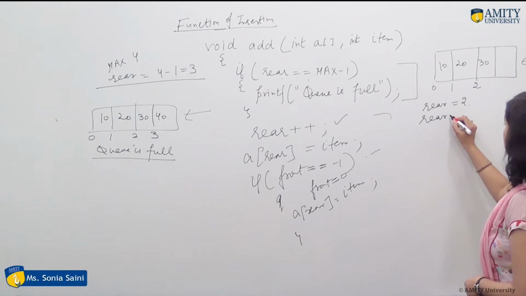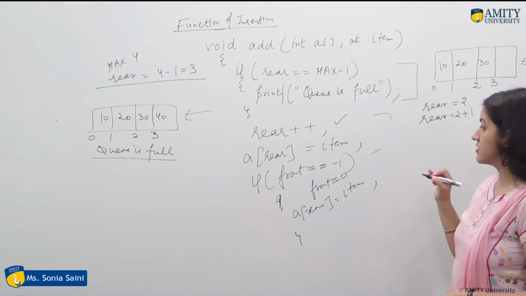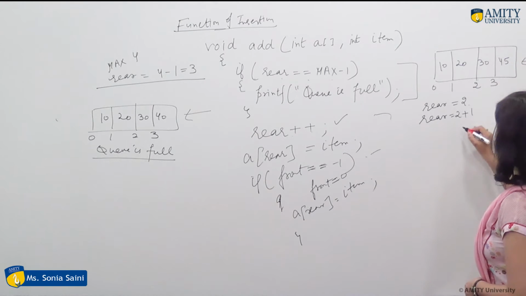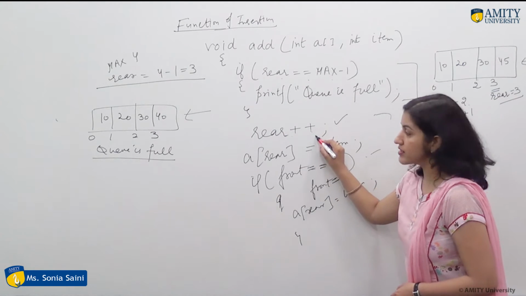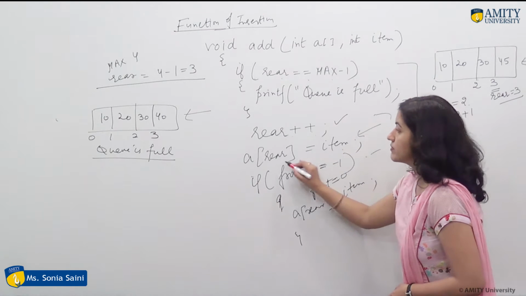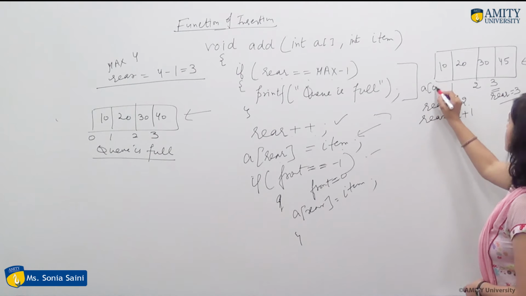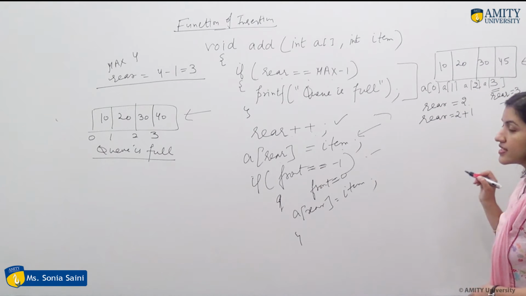Increment rear by 1. Once you increment rear by 1, now add any element at the rear. Now our rear is 3. Add the item at the rear end at A3. A0, A1, A2, A3. This is the second case.